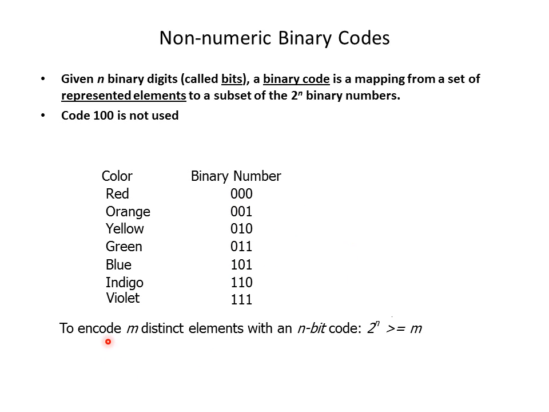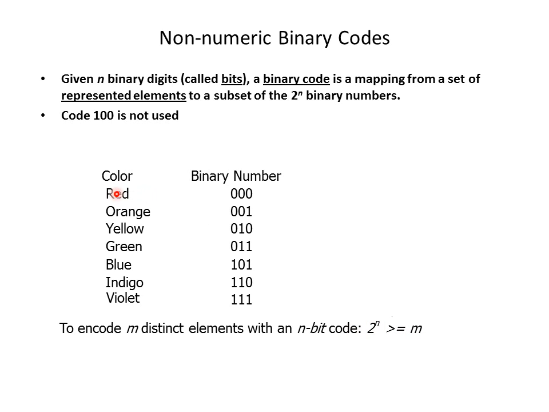In this way, if there are m distinct elements and we have an n-bit code, then 2 to the power n is greater than or equal to m. That means we can encode a maximum of m distinct elements. If 2 to the power n is the maximum limit, then we can only encode m distinct elements, where m is less than or equal to 2 to the power n.